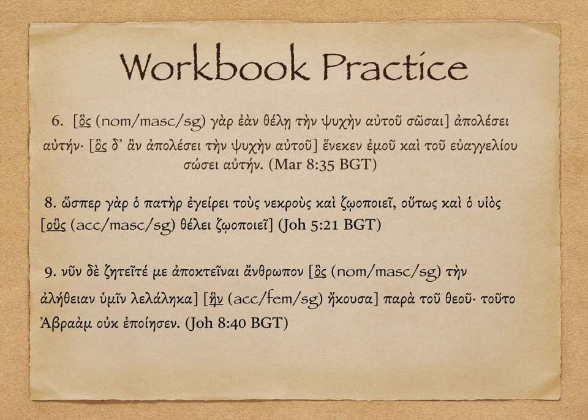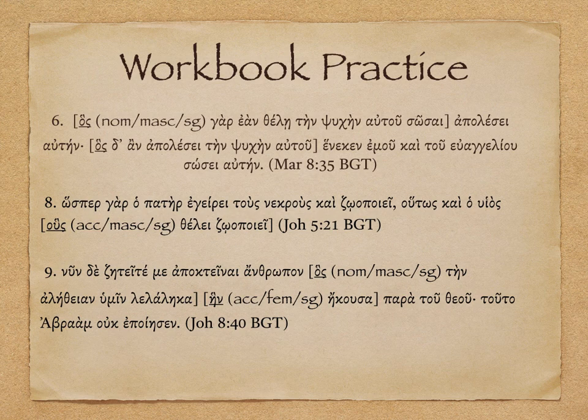I have put brackets around the relative clause here to try to help you, and then I've also placed in parentheses the case, number, and gender of the pronoun. So number 6, Hos gar ean thelei ten psychen autou sosai, apolesei auten, hos d' an apolese ten psychen autou heneken emou kai tou euangeliou, sosei auten.